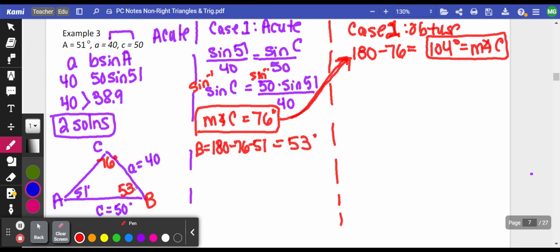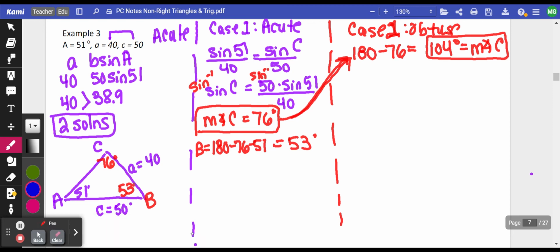Now we have all the measurements necessary to calculate the last side, which is the length of side B. So I would go back to the original information. Sine of 51 is to 40 as the sine of 53 is to B.